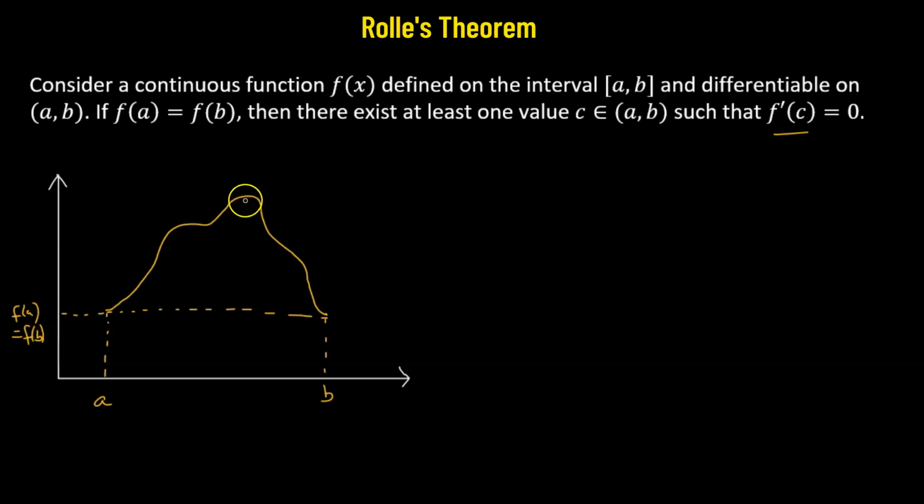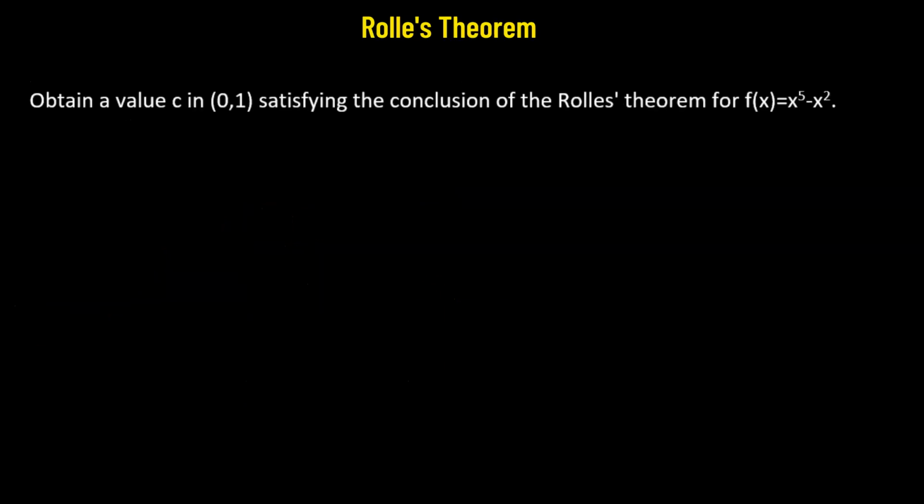Then Rolle's theorem states that lying within the interval a and b, there is going to be a value c such that if we find the tangent to this curve at this particular point, then the slope of this tangent line is going to be equal to 0. So this is what Rolle's theorem states. There is going to be at least one value of c where the slope is 0. Fine. We'll try to understand Rolle's theorem with the help of a few numerical problems.